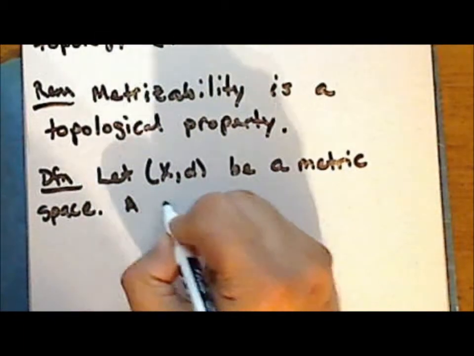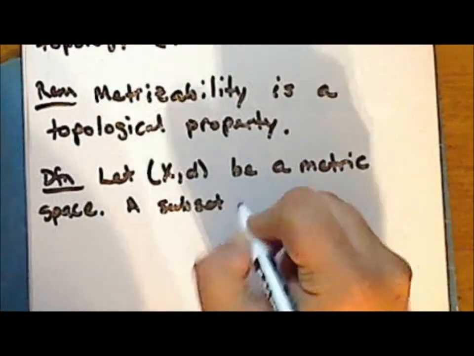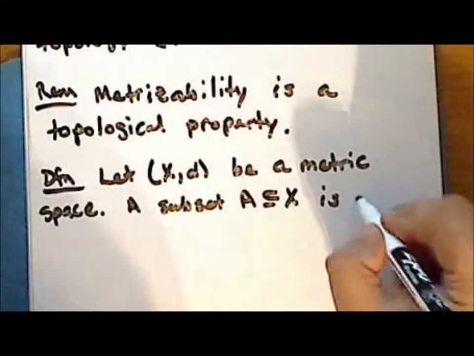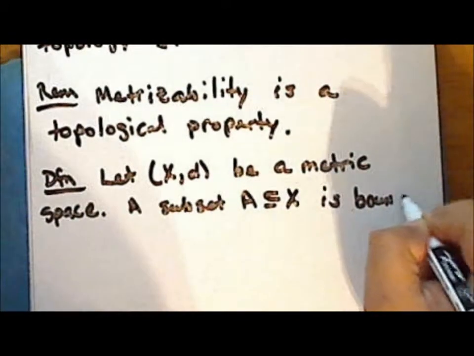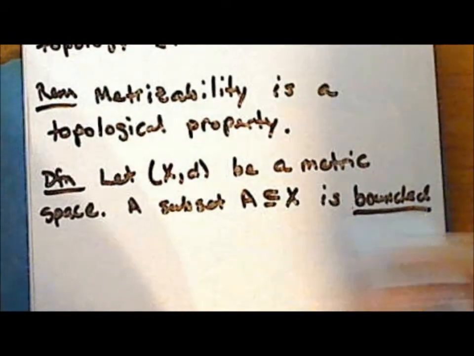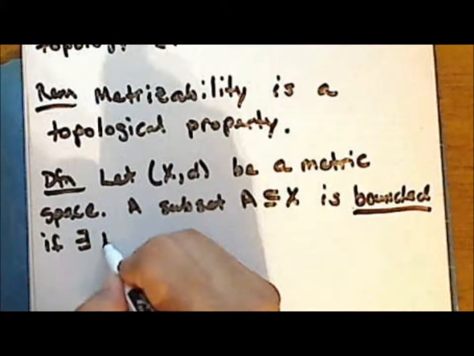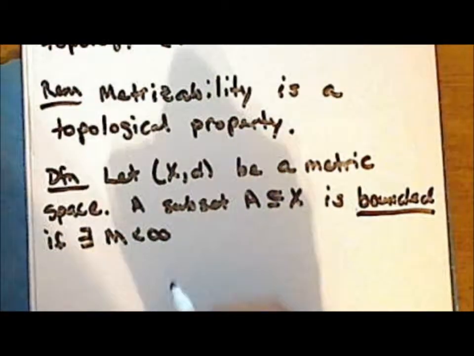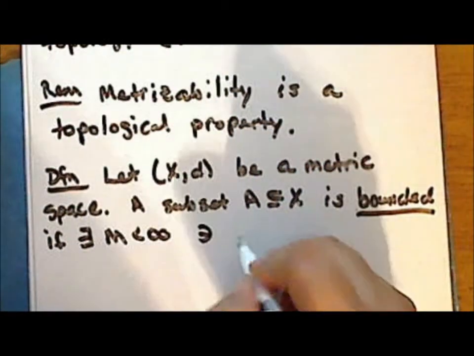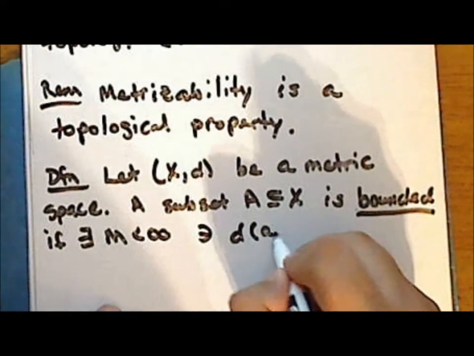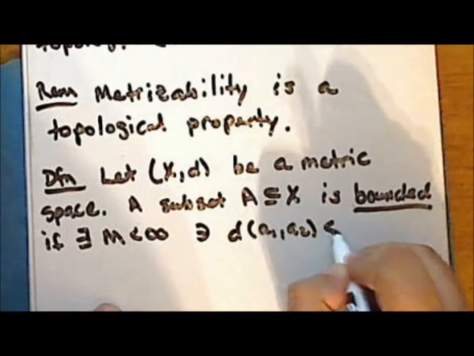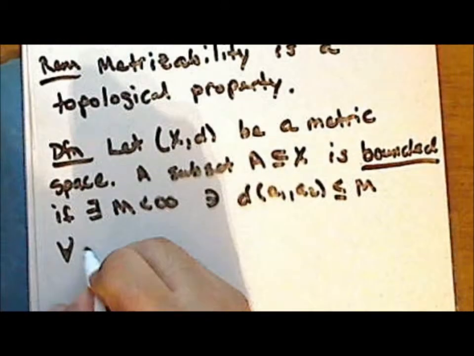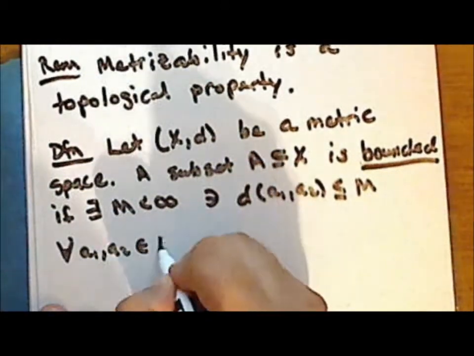A subset A of the underlying set X is bounded if there exists some real number M such that the distance from the point A sub 1 to A sub 2 is less than or equal to M for every pair of points A sub 1 and A sub 2 in the set A.